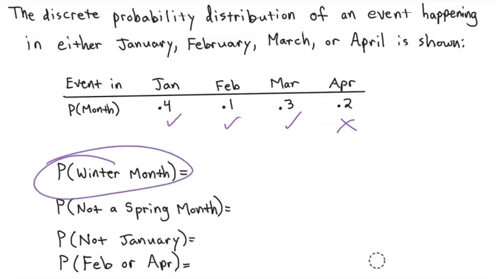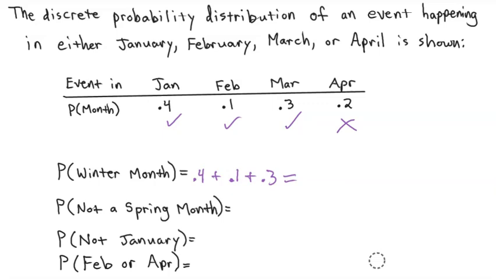So the probability of it happening in a winter month is going to be 0.4 for January, plus 0.1 for February, plus 0.3 for March, and that's going to be equal to 0.8. So the probability of it happening in a winter month is 0.8. Another way to do that is, since April was the only one left out, we could have done 1 minus 0.2, which would give us 0.8.